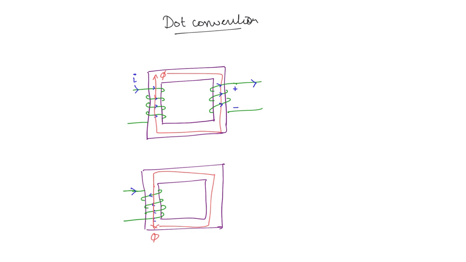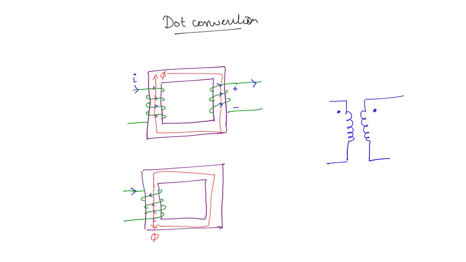But oftentimes, practically in a transformer, we will not be given access to the sense of windings. In that case, the way to solve this problem is to use the dot convention. You take the two windings, and a dot is assigned to one end of each winding.